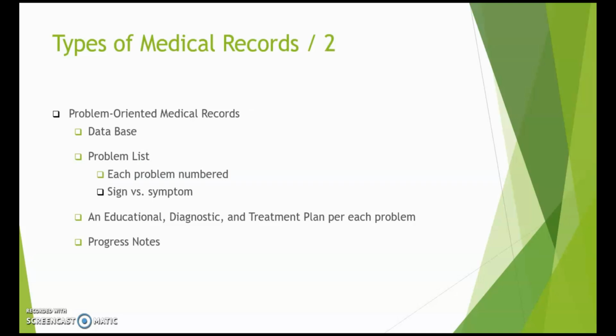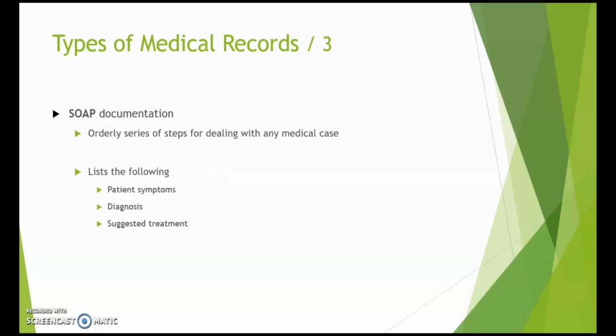Then there are problem-oriented medical records: database, problem list, each problem is numbered, signs versus symptoms, in terms of the etiology, in terms of the taxonomy, and an educational, diagnostic, and treatment plan for each problem. And finally, SOAP notes. This is what we mean by SOAP documentation. Orderly series of steps for dealing with any medical case. List the following: patient symptoms, diagnosis, and suggested treatment.